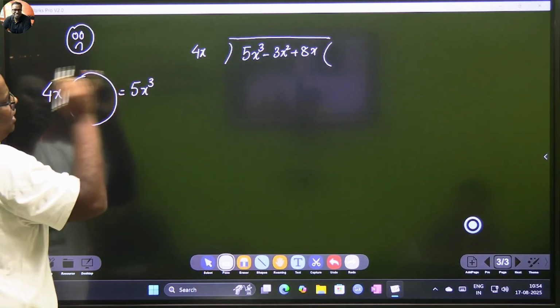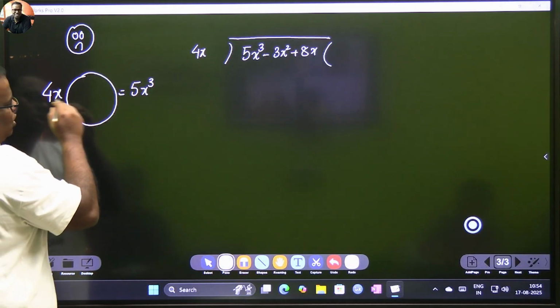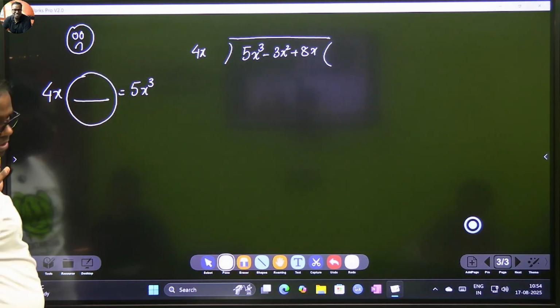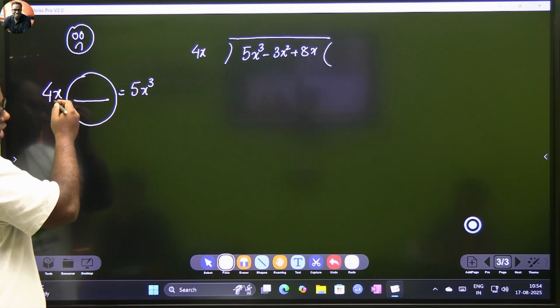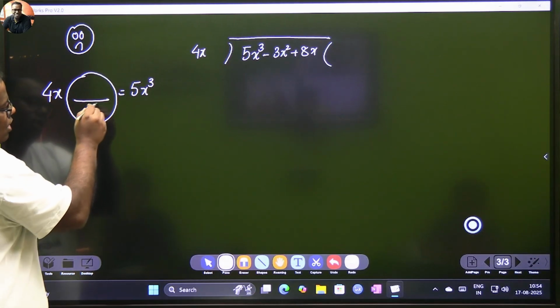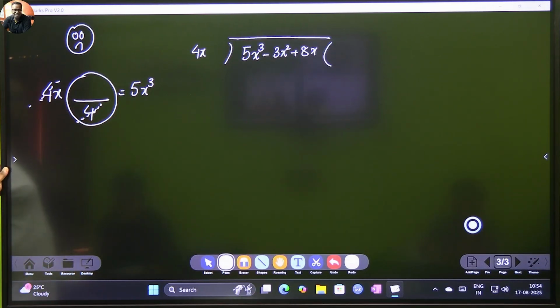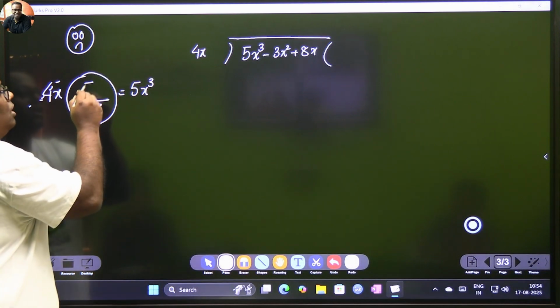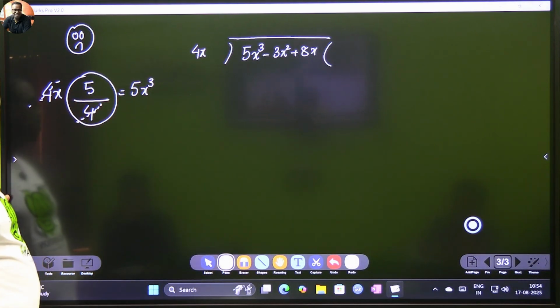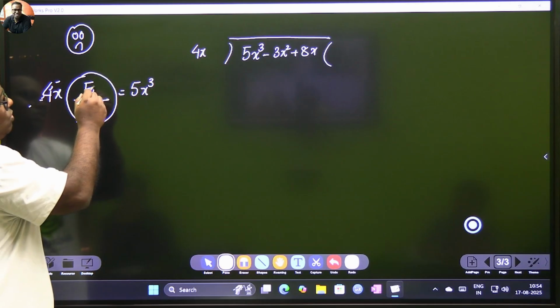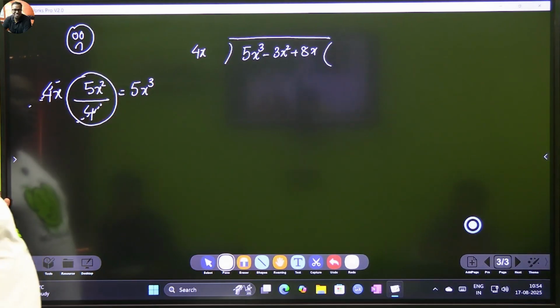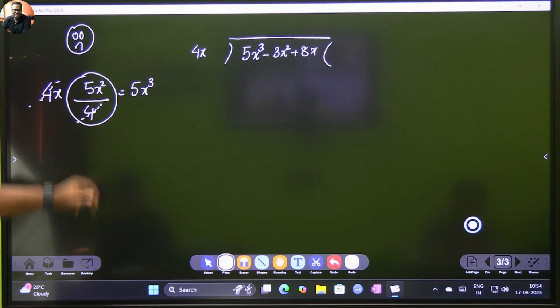Initially the problem makes us feel very sad, because x we can adjust, but what about this 4 here? Fraction comes to our rescue. 4, you want to get lost, so bring a 4 here. Now this 4 can cancel this 4, do you agree? And if I bring a 5 out here, doesn't it become 5? Now to adjust x, I'll bring x square out here. So I should multiply by 5 by 4 x square.